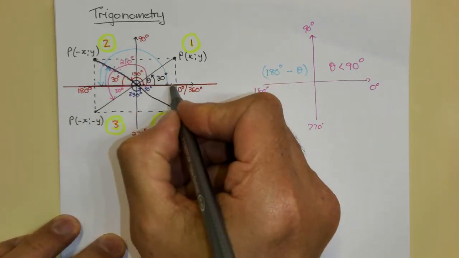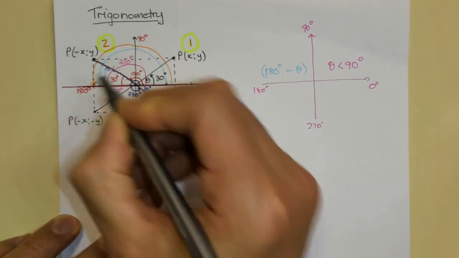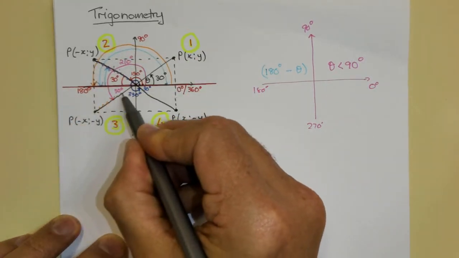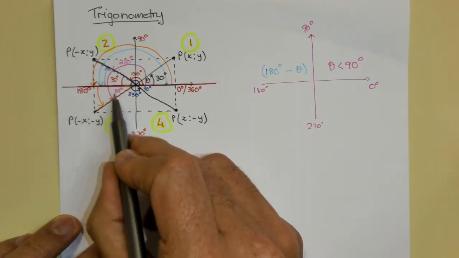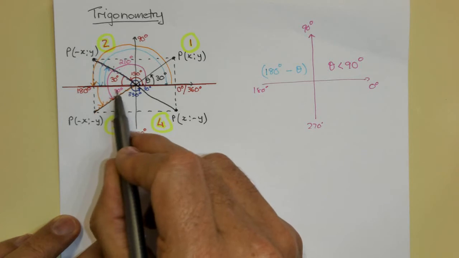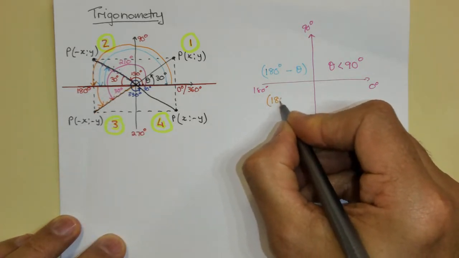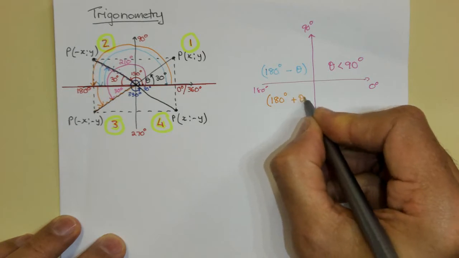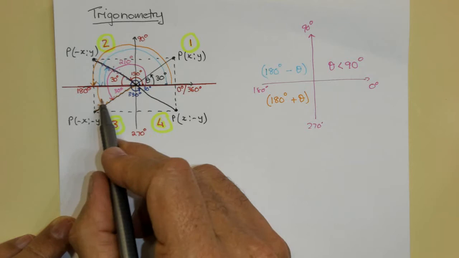I can go the same route. I go to my 180, but then to get to this terminal arm, I bounce more on however many degrees I was working with over here. So I can say that this will be 180 plus a particular value for the angle that I'm considering.